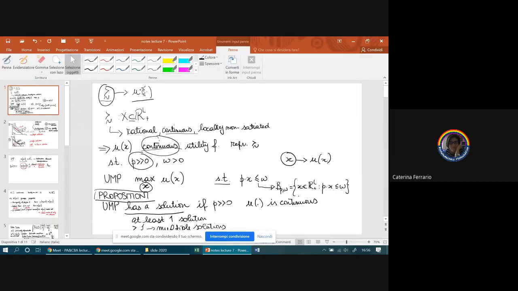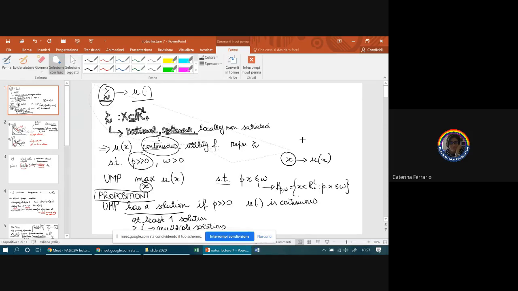So let's suppose that we have a preference relation that is rational, continuous, locally non-satiated. So exactly the situation we described before, defined on a consumption set X, which is a subset of R^L plus. U of X is our utility function, and it is continuous, and it represents our preference relation.